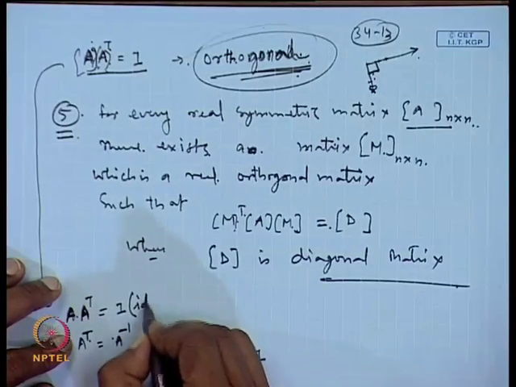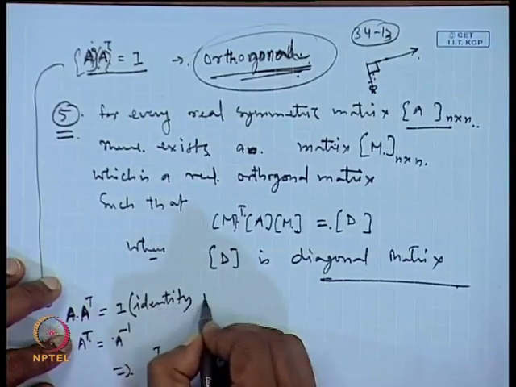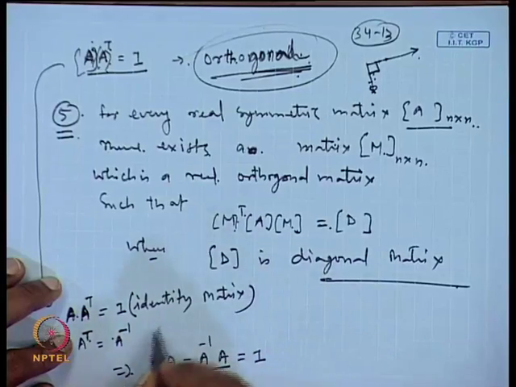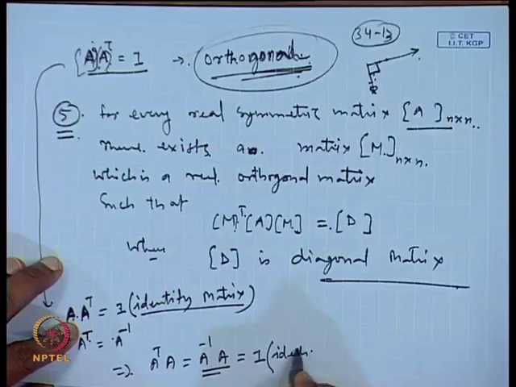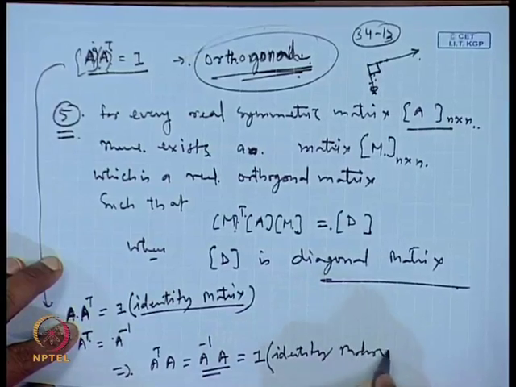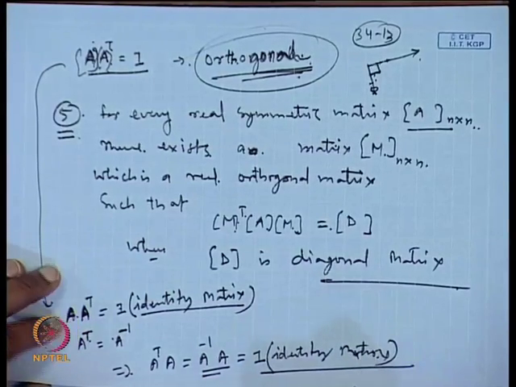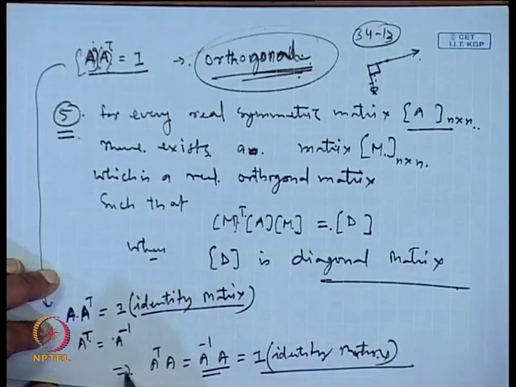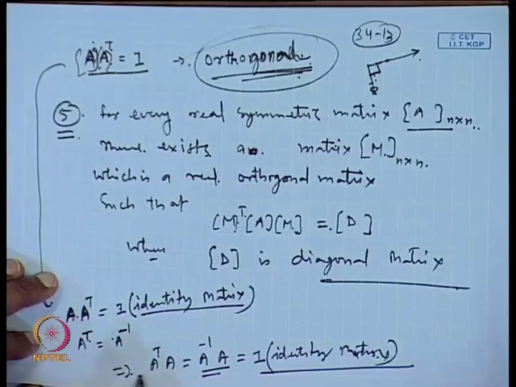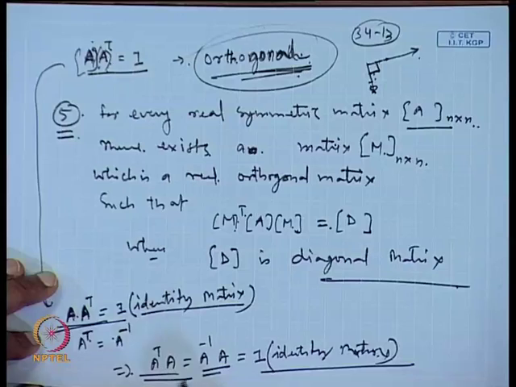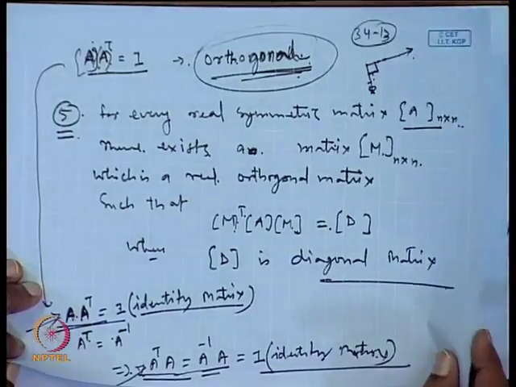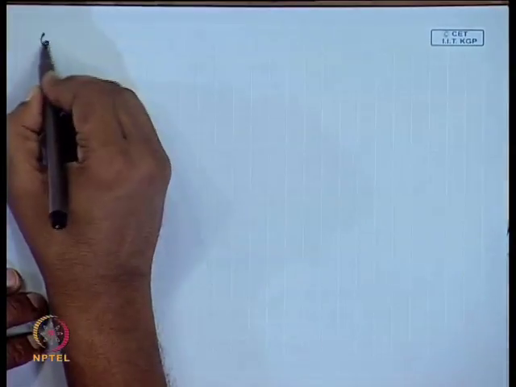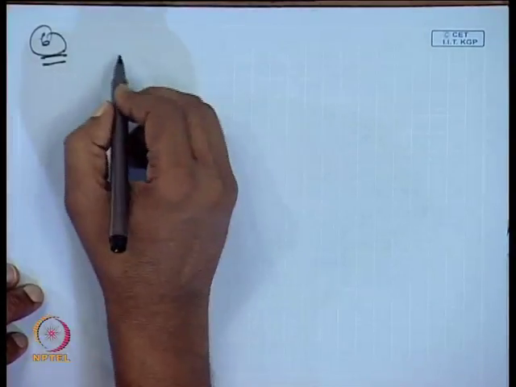I is an identity matrix. You should not confuse this with the inertia matrix. So, we have seen that an orthogonal matrix satisfies these two equations. Next, we go to the next property.